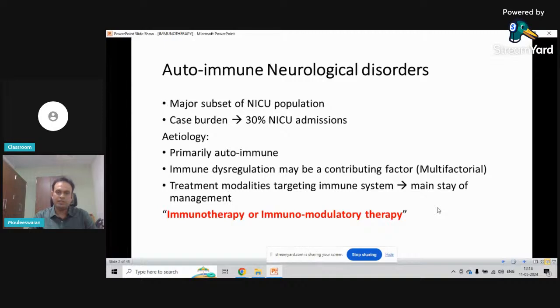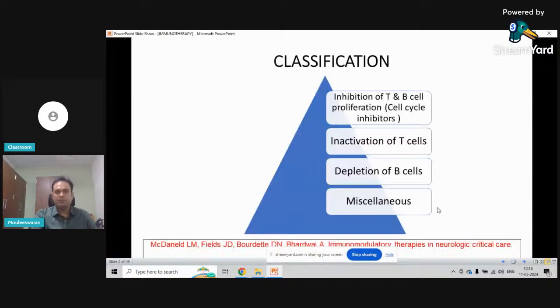So the treatment modalities which are aimed at targeting the immune system form a mainstay of management of these autoimmune neurological diseases.